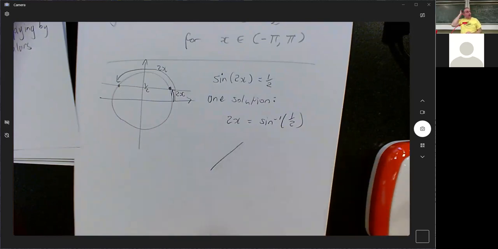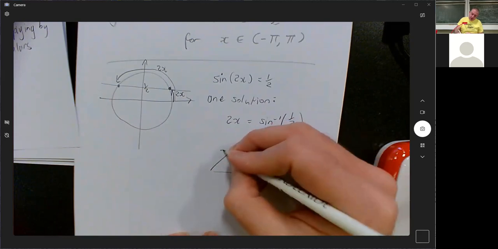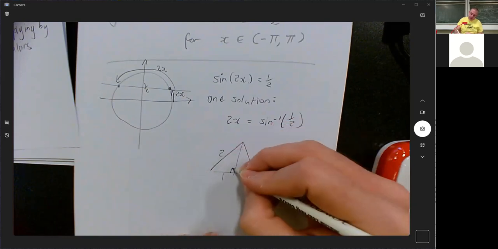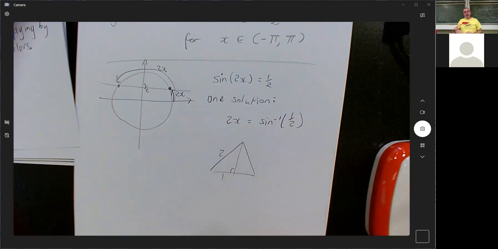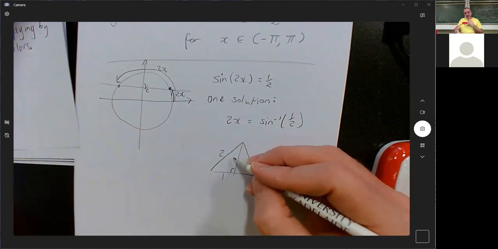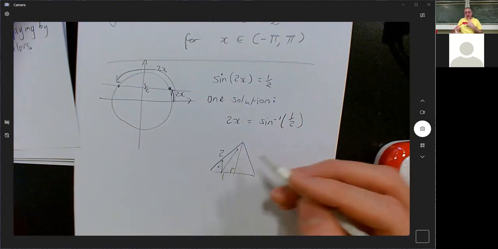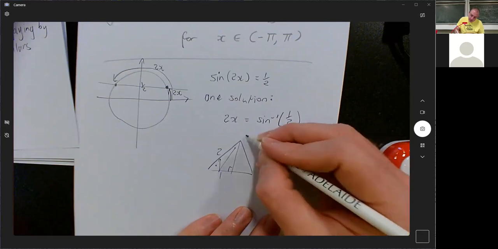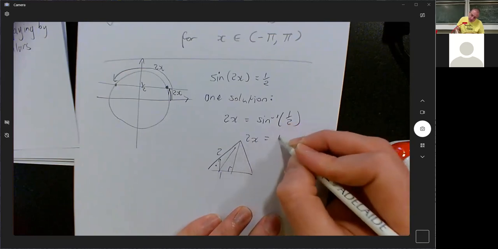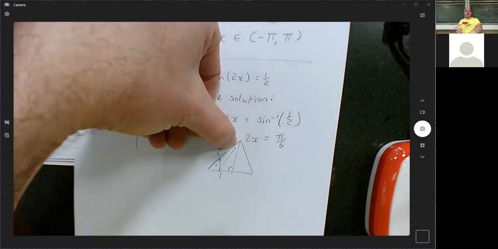The classic numbers come from an equilateral triangle that's got edge length 2 and it's cut in half. That would be 60 degrees there, that's 30 degrees there. Sine is the opposite over the hypotenuse, so that would be pi on 6. That's the 30 degree angle there.